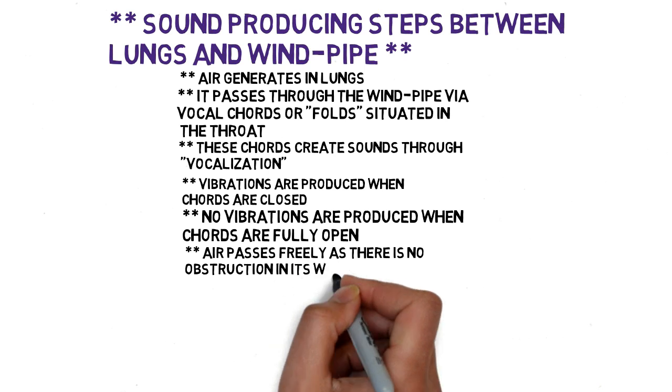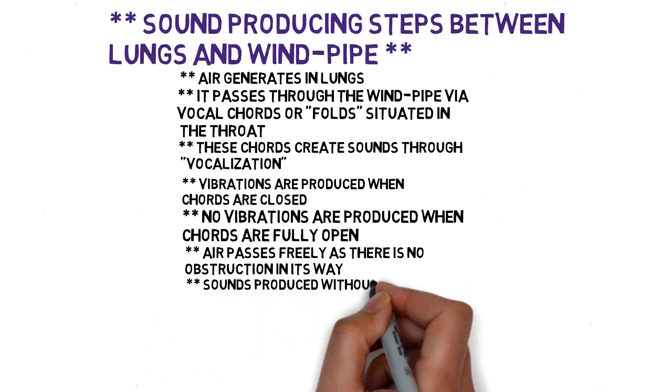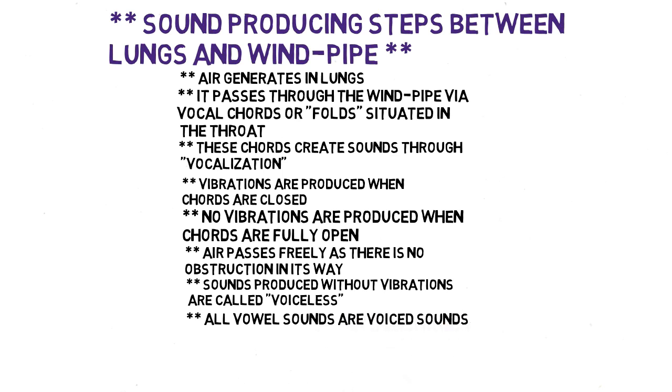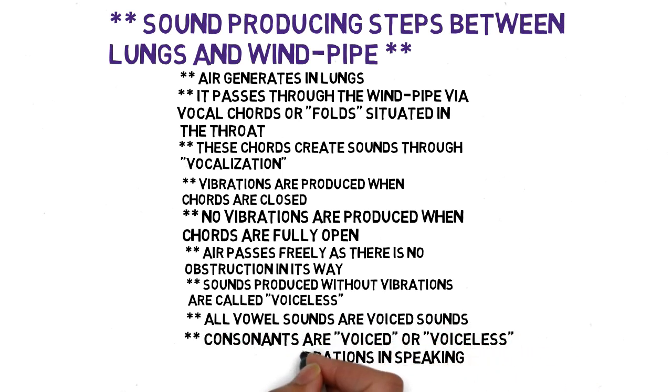It then passes through the windpipe with higher or lower pressure. In its course of movement, it has to pass through the vocal cords, also called vocal folds. These cords are folds of tissue in the throat. They are the main elements in creating sounds through vocalization.